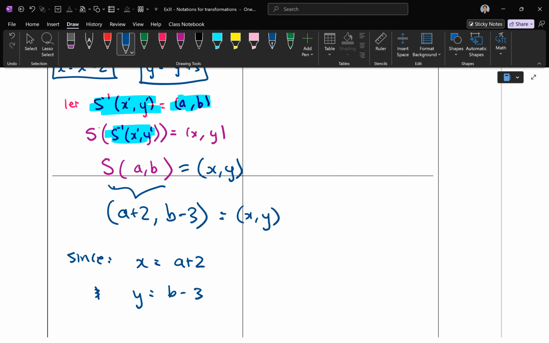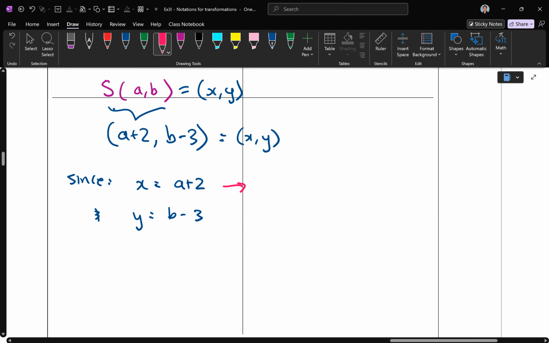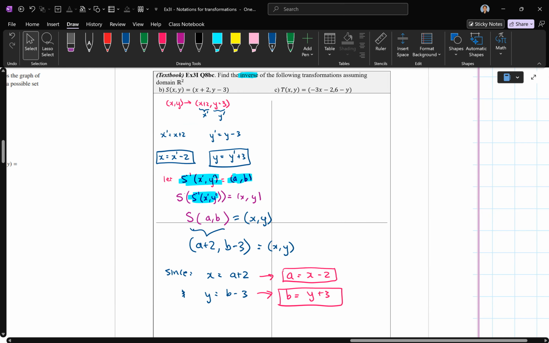So I just got to rearrange to find A and find B. Same thing. If you rearrange that, you get A equals x minus 2. And then if you rearrange this, B is equal to y plus 3. And that is exactly the same as what I got here.